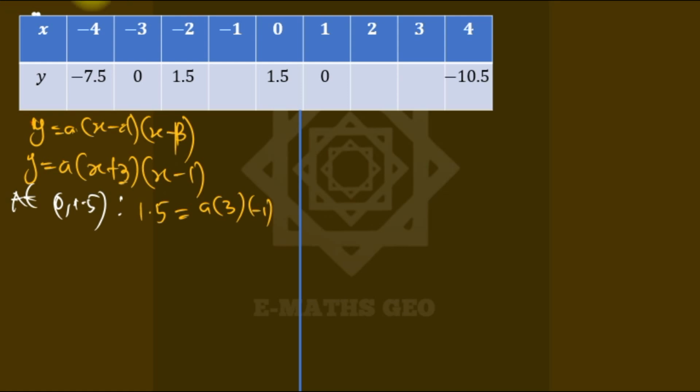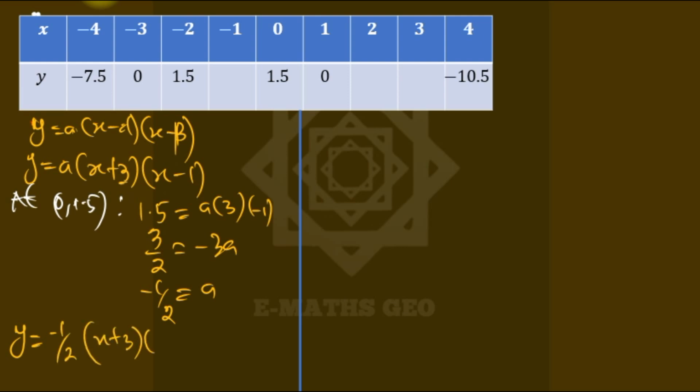And we know that 1.5 is 3 over 2. So this 3 over 2 is minus 3a. Solving for a, we now have minus 1 over 2. So the function now is y equals minus half times (x plus 3) times (x minus 1). So that is the quadratic function.